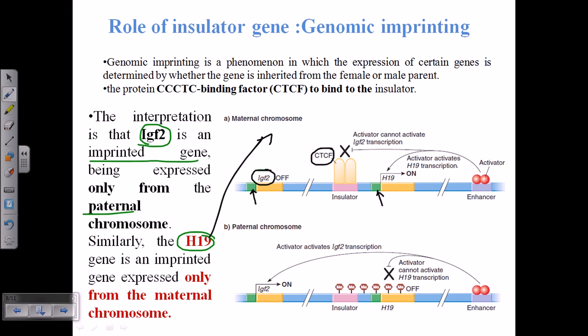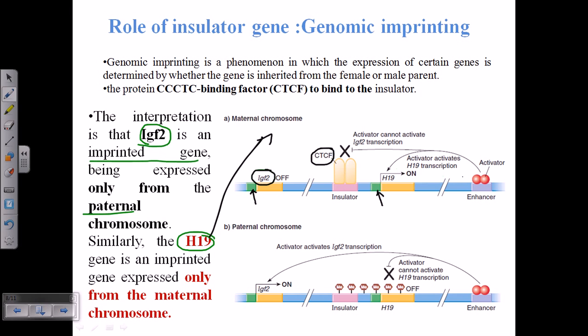So as a result, here we can see the activator will come and sit onto the H19 promoter only. Why? Due to the presence of the insulator, this activator region cannot be attached to the promoter of IGF2. So it ensures that in this case only the H19 gene will be expressed, but not IGF2, because of the presence of this insulator and insulator binding protein.